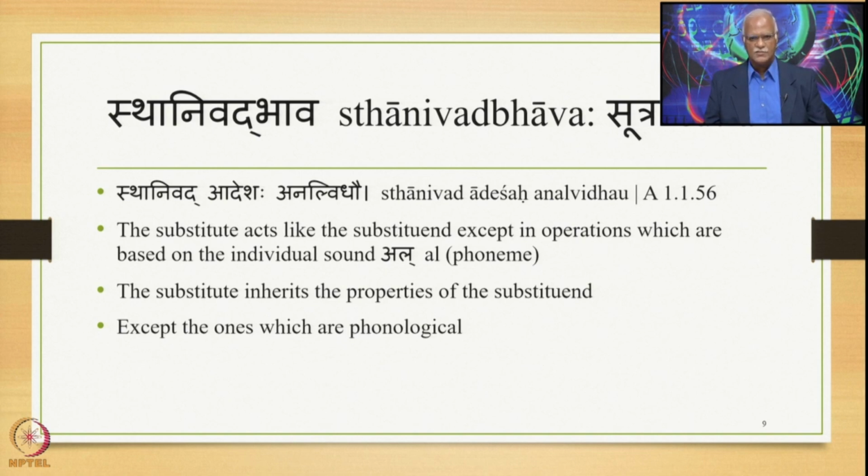What it means is that the substitute inherits the properties of the substituent except the ones which are phonological. I repeat, the substitute inherits the properties of the substituent except the ones which are phonological.